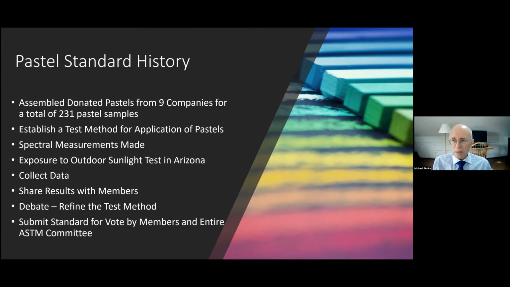We rubbed this material out, stick form, onto a substrate, and then burnished it and rubbed some more material on, and then rubbed it again and burnished it again and put some more material on till we had a densely packed sample of pastel, probably about 1.5 inches wide by 1 inch tall on the substrate. We took spectral measurements.